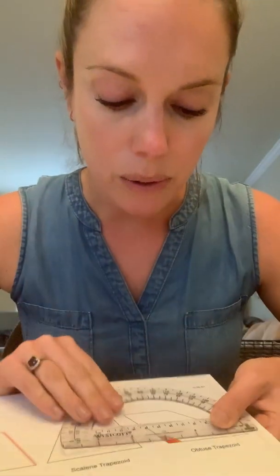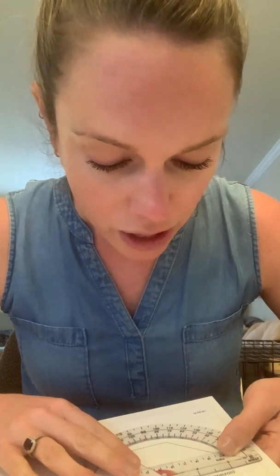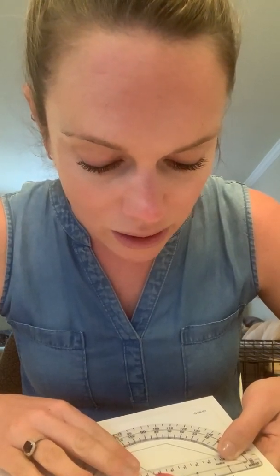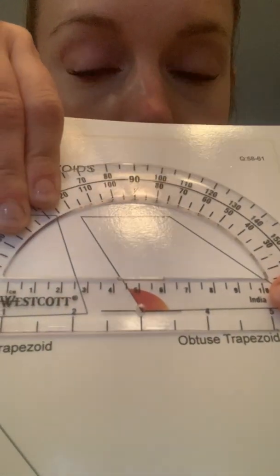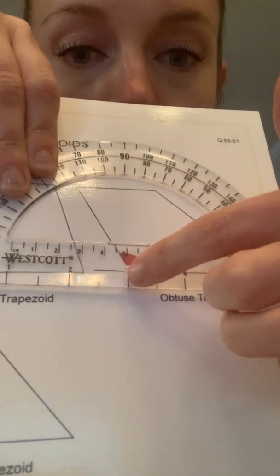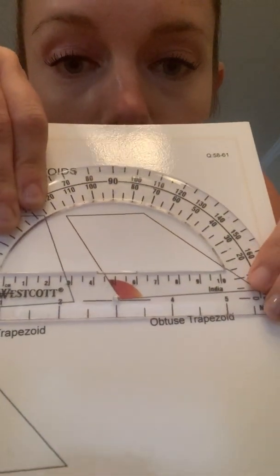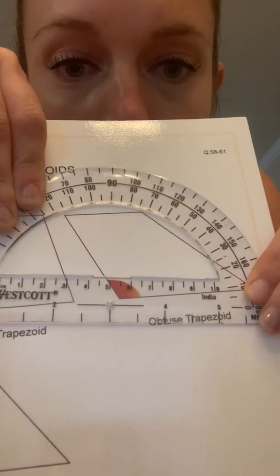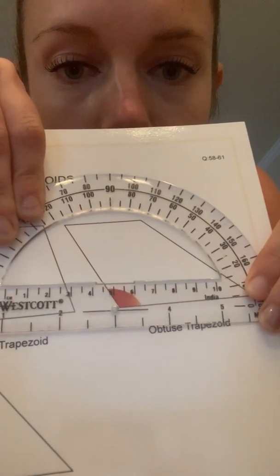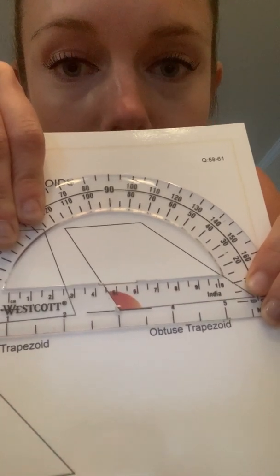So first what you do is you want to line up, and I'm going to show you this in just a moment, your vertex to the little open circle that's on your protractor. So you can see here, that little open circle right here is right on the vertex of the angle. And then that straight line, see how right now it's not lined up with the bottom line? I'm going to move it up so that it is.